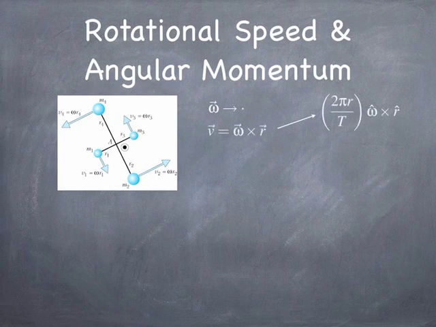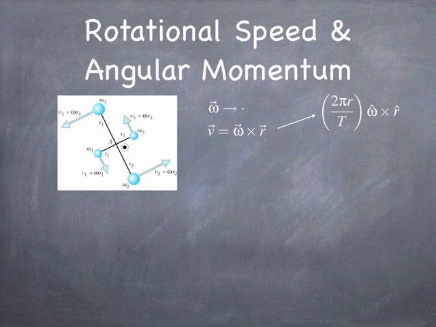We know that the velocity of a piece is omega cross r, but let's actually show that. The point is, omega is a vector that points out of the page. That's why omega is a dot.